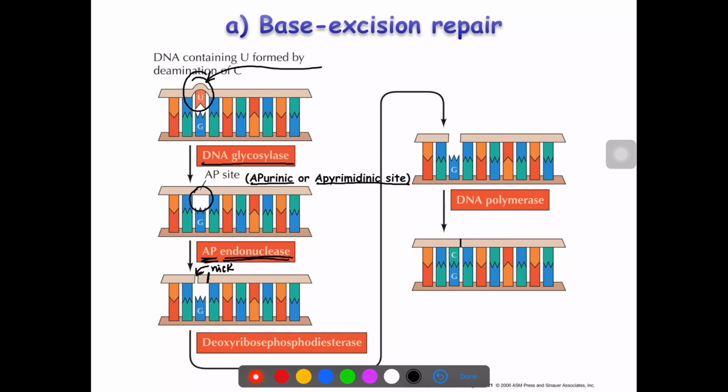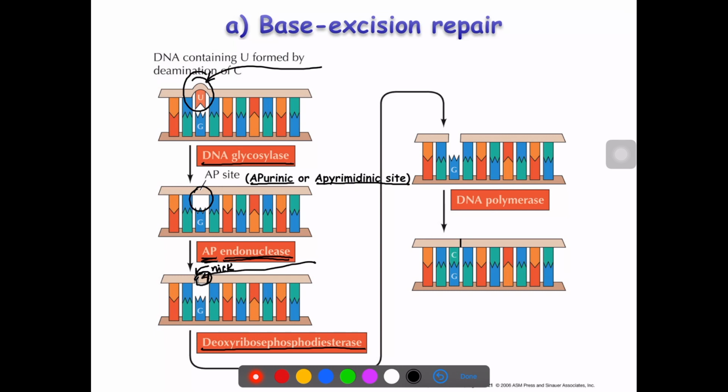The enzyme that will be doing this job is known as a deoxyribose phosphodiesterase. So that's the next enzymatic activity required to perform base excision repair. The first component is DNA glycosylase, the second one is an AP endonuclease, and now the third enzymatic activity is a deoxyribose phosphodiesterase.